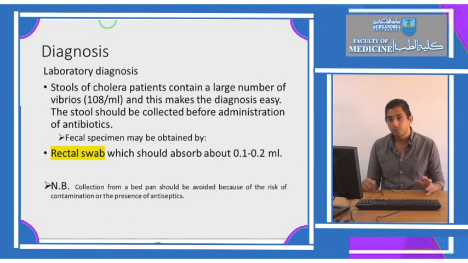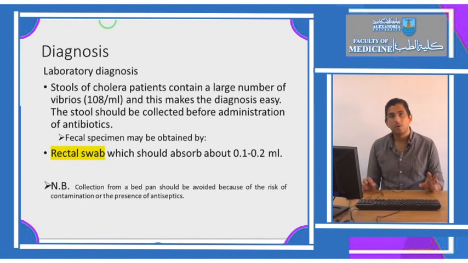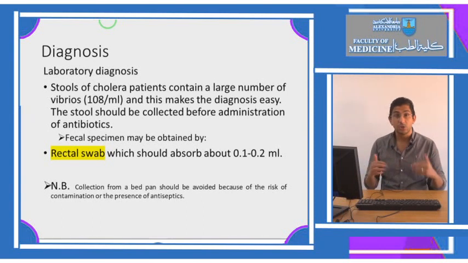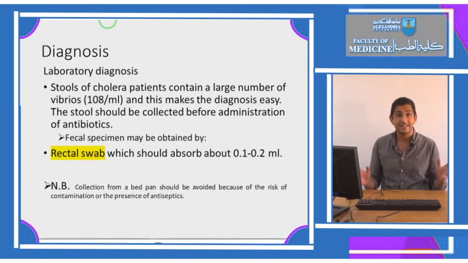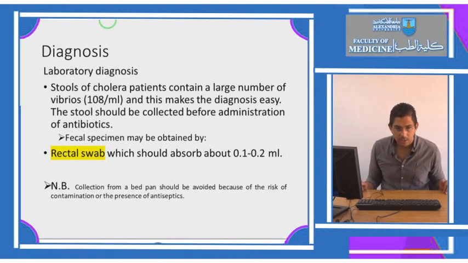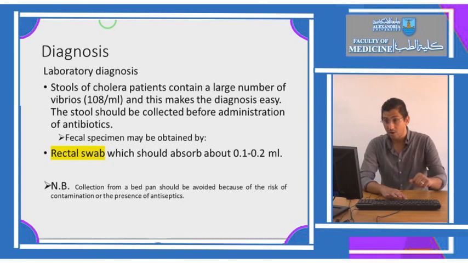Actually, we take a fecal swab, mainly obtained from a rectal swab. Just note that the swab is not collected from the pan of the feces, because there is a risk of contamination with antiseptics or other substances, and this may also have a biasing effect on the diagnosis of cholera.